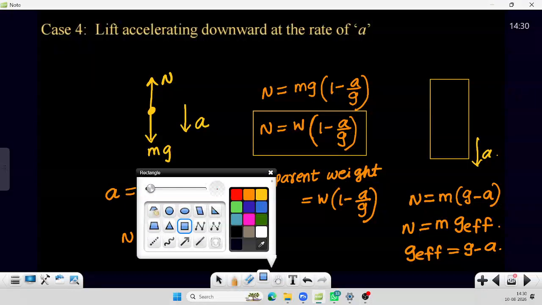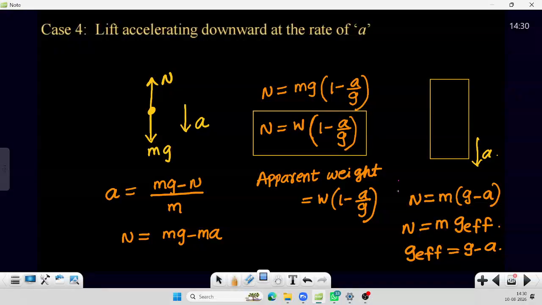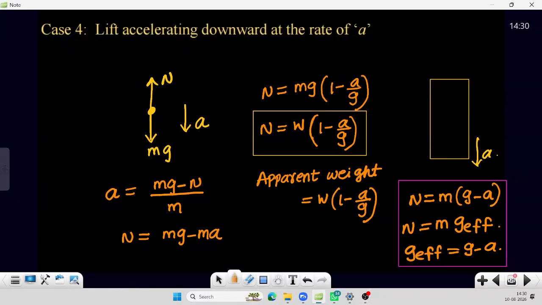Right? So look at this: if the lift is moving in the downward direction, effective gravity is g minus a. If it is upward direction, g plus a. Not only for the man, for any type of object, the same thing is applicable. Right.